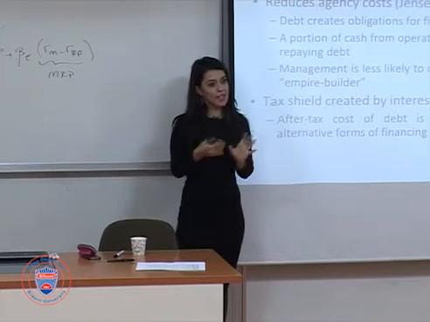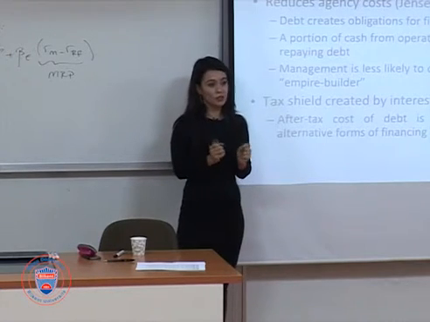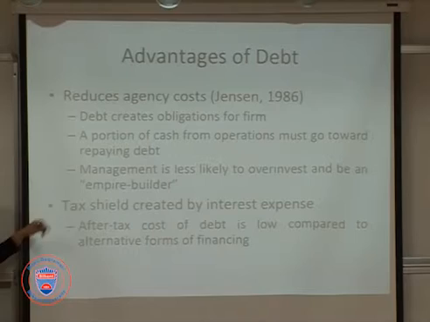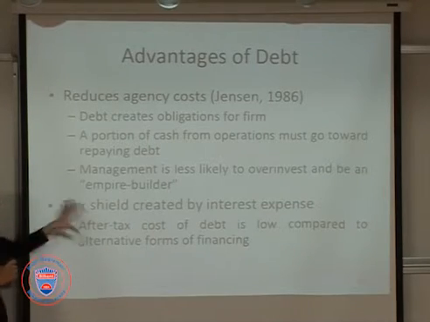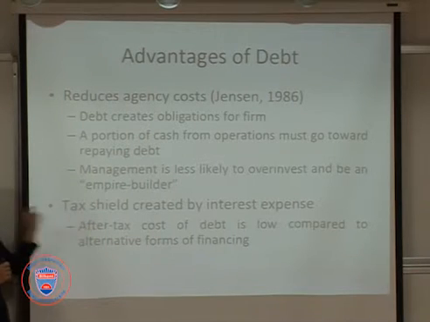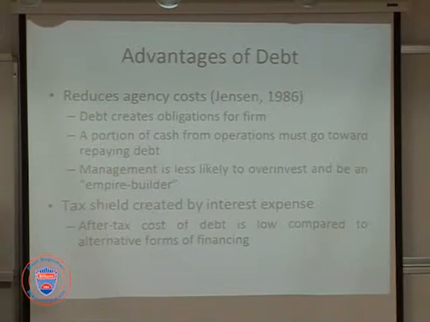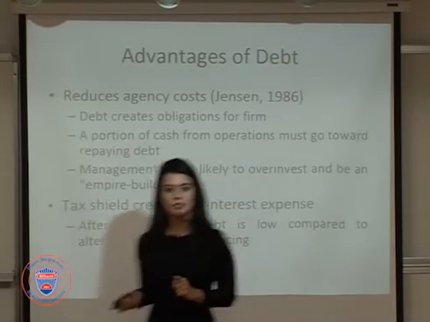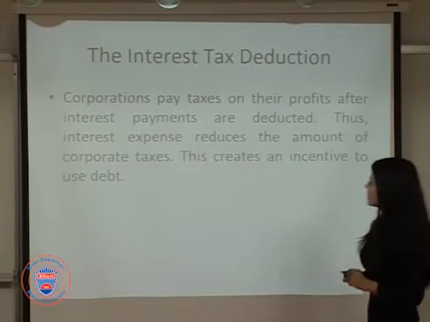If a company has debts, maybe managers will not do that because they have to pay back the debt. Another advantage of debt, and this is what we're going to focus on now, is the tax advantage. We know that after-tax cost of debt is low compared to cost of equity or any other form of financing. And this is what we're going to see in the next slides.